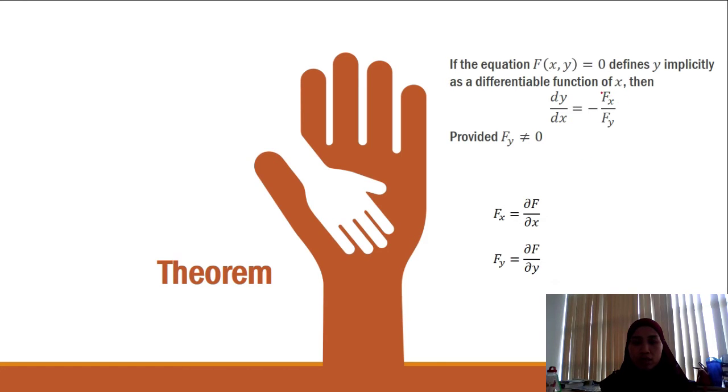The capital letter we use here is basically the notation of implicit differentiation. Hopefully you can remember this formula to solve partial derivatives for the implicit function.